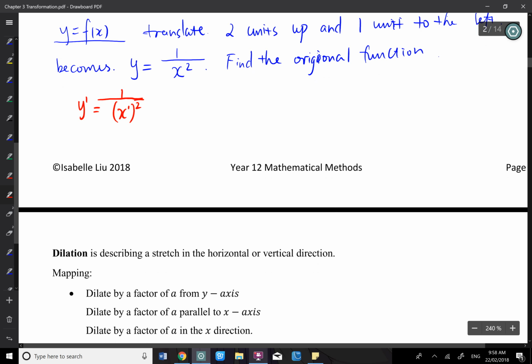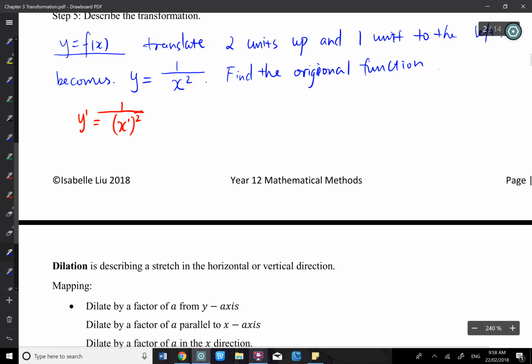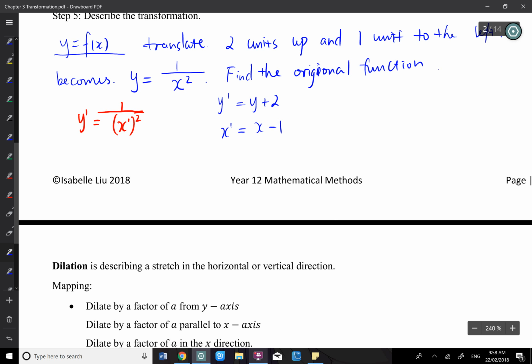Now same thing, we have the translation description. So y dash equals y plus 2, x dash equals x minus 1. From the same description, y dash equals y plus 2 units up and x dash equals x minus 1 unit to the left.